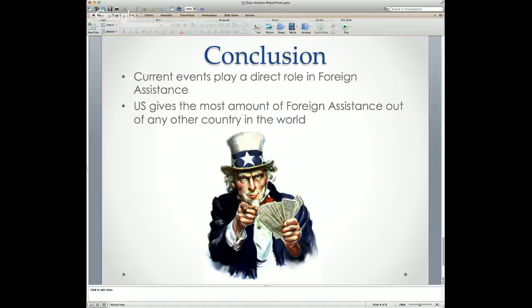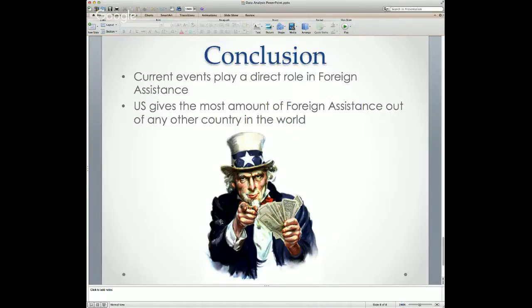But to summarize my analysis, sorry, I first looked at overall spending. I looked at the large increase in spending from 05 to 06.